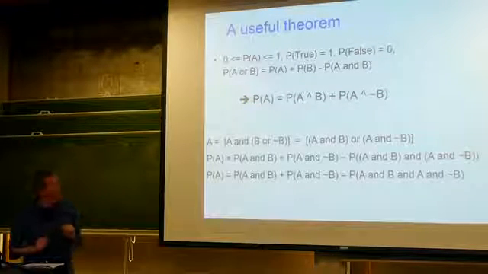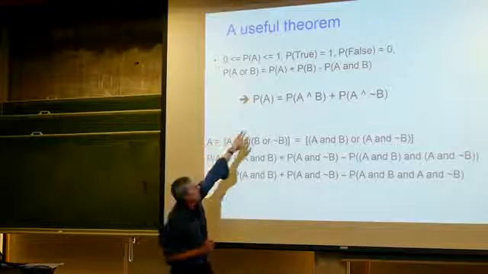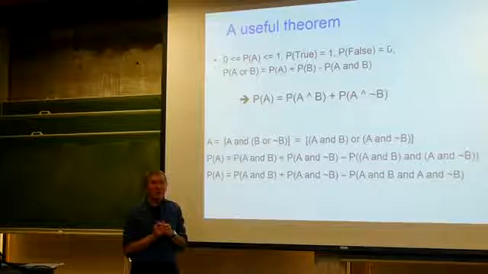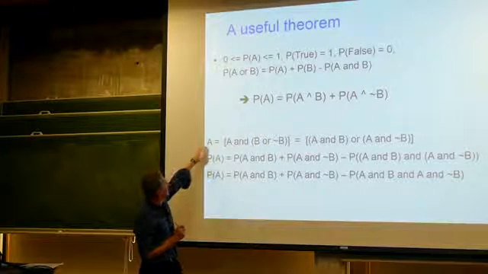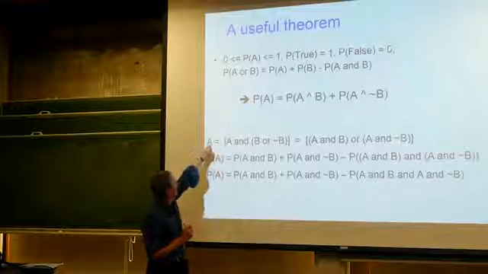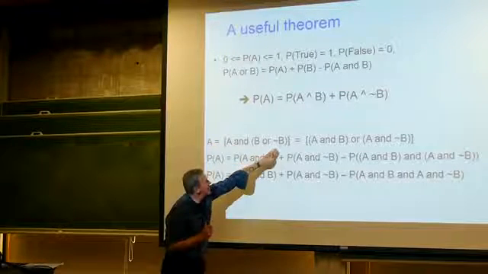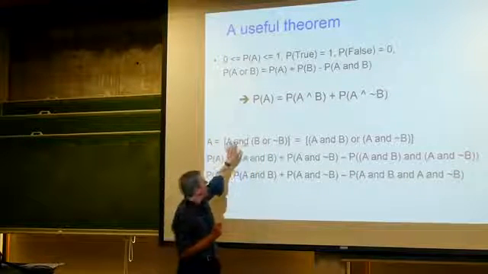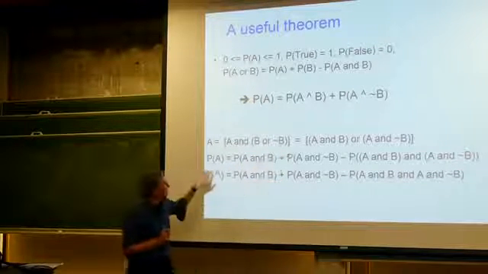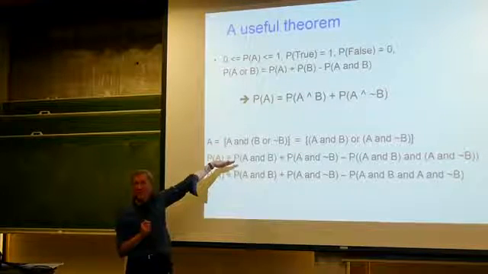It's based on the idea that if A and B are Boolean variables, then we just use the rules of Boolean logic to start out by saying that A must be equal to A and B, or not B. Then there's some arithmetic that allows us to re-express this and prove it.